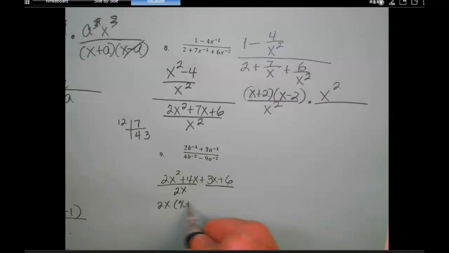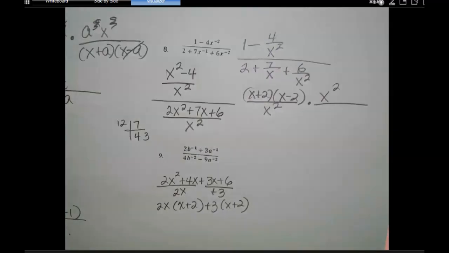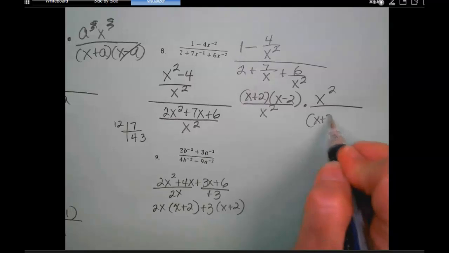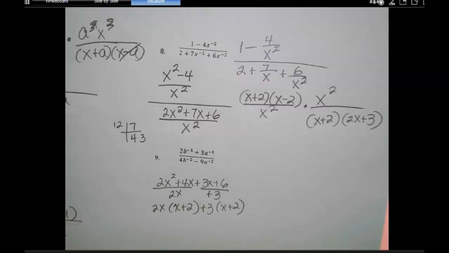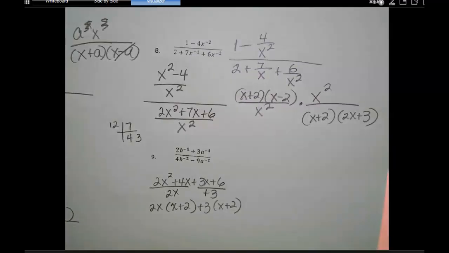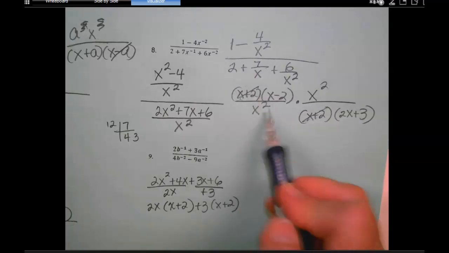So I get x plus 2 here. I'm going to divide by 3. So this whole thing factors to x plus 2 times 2x plus 3. And now what can I go ahead and cancel? x plus 2 and x squared.